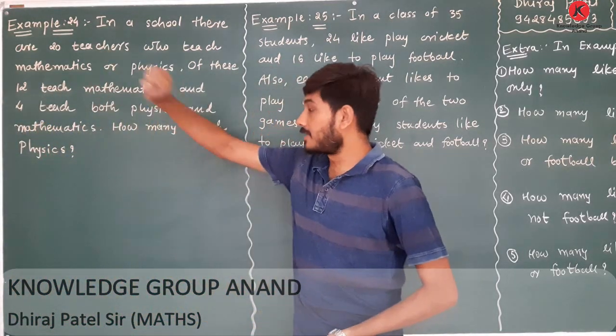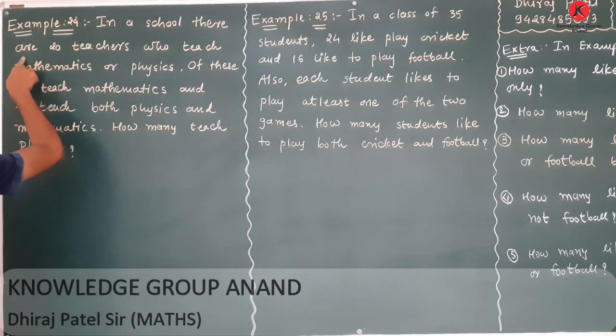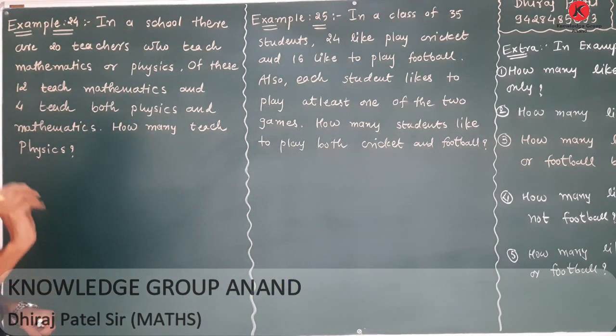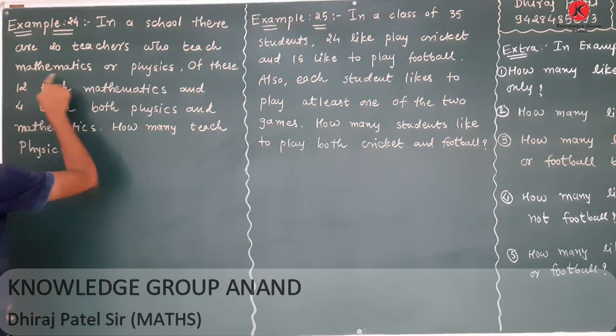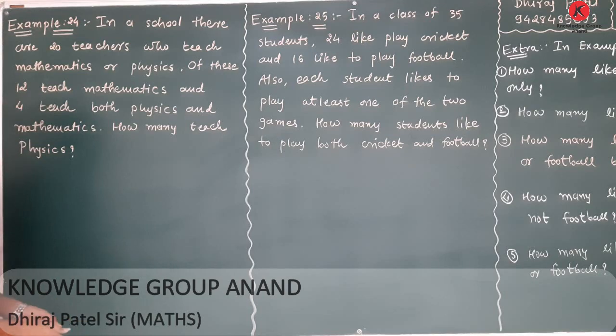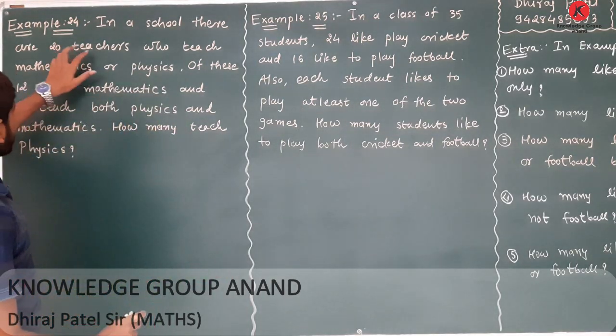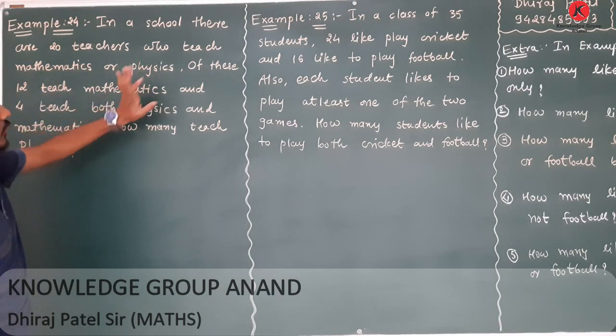So, see, example 24 is here. In a school, there are 20 teachers who teach mathematics or physics. It is given that the total number of teachers is 20 and they are teaching mathematics or physics.